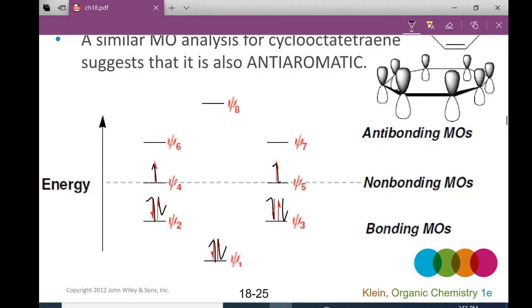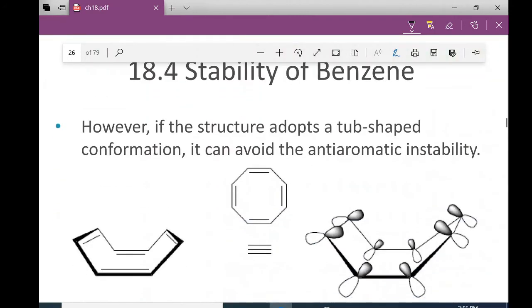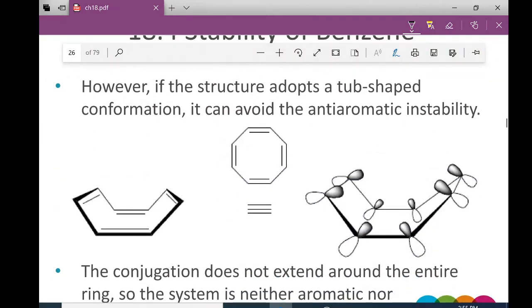That means the non-bonding molecular orbitals are filled, making cyclooctatetraene anti-aromatic. Notice also, like I said, it meets 4n, not the 4n plus 2 rule. It does not meet Huckel's rule. It has an even number of pairs of electrons instead of an odd number, making it anti-aromatic.